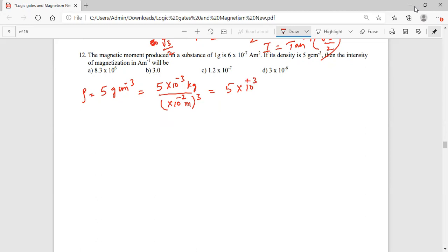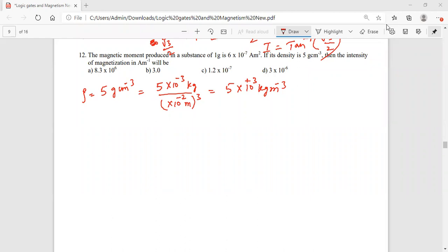So rho is equal to 5 into 10 power plus 3 kg per meter cube, the density.